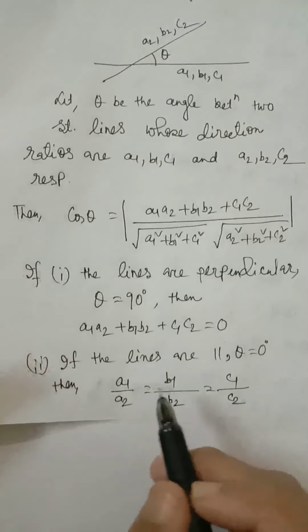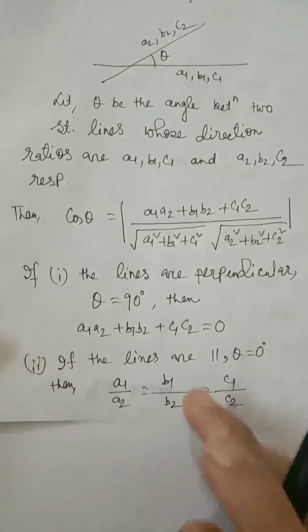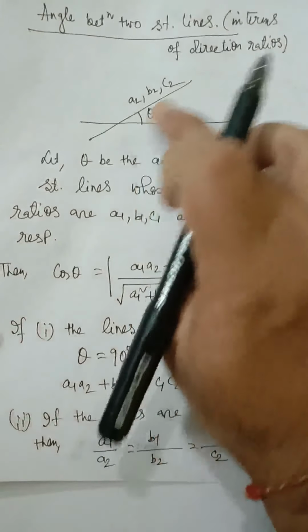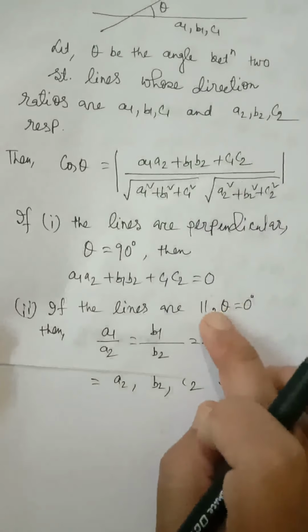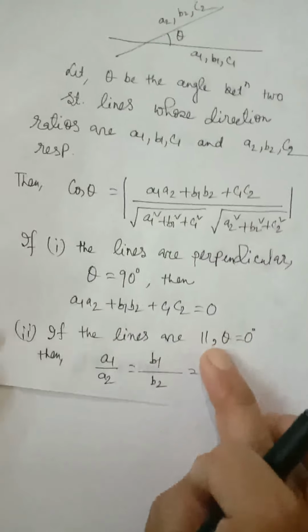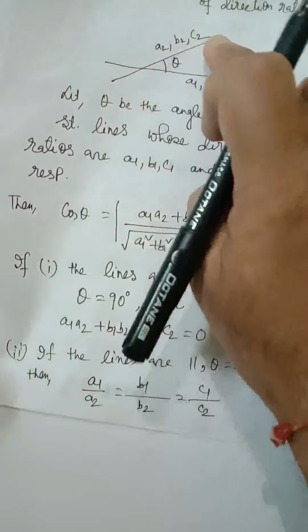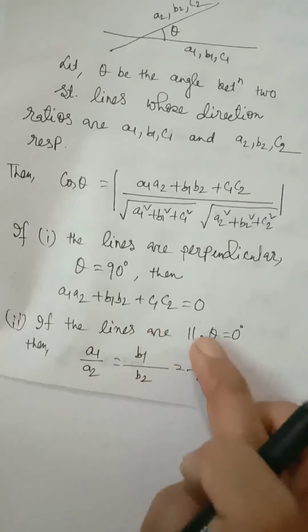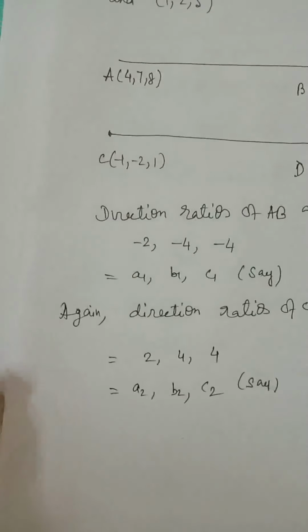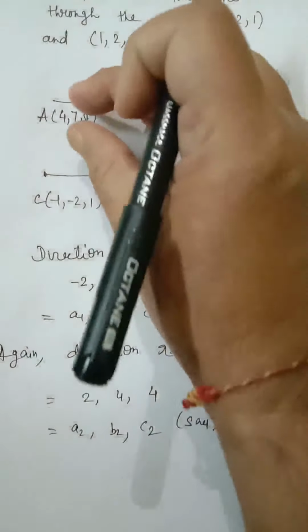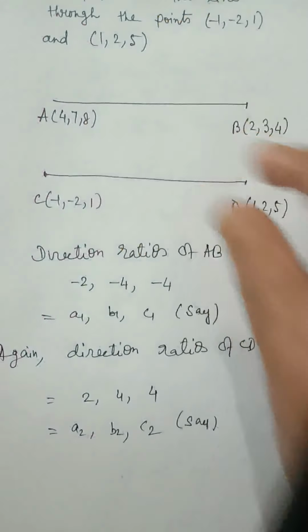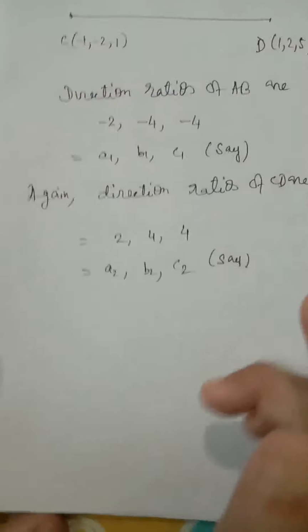Two straight lines having direction ratios a1, b1, c1 and a2, b2, c2 will be parallel if a1 by a2 equal to b1 by b2 equal to c1 by c2. So two straight lines will be parallel if their direction ratios are proportional.